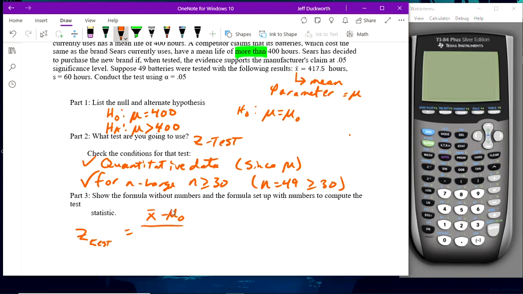We don't have sigma, but we do have S. This is going to be S over root n. So X bar is given as 417.5. That's given right here. S is 60.